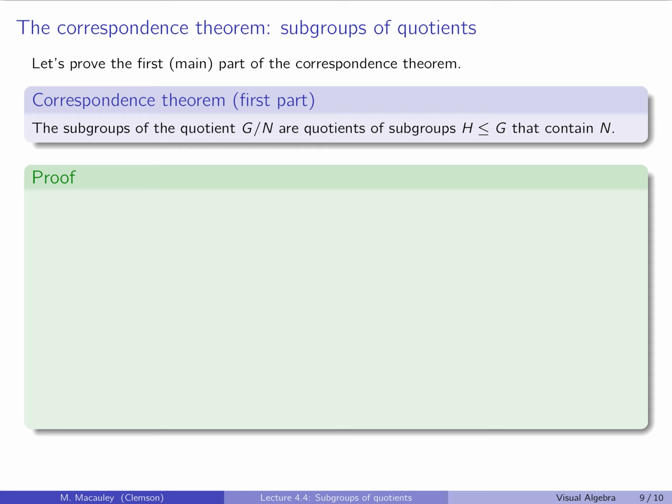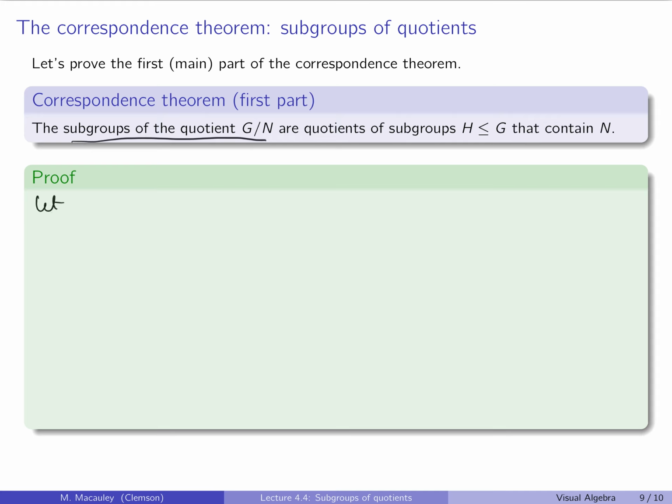So for the proof, we have to understand what subgroups of the quotient are. So let's let S be a subgroup of G mod n. So what can we say about S? Well, S is a collection of cosets.